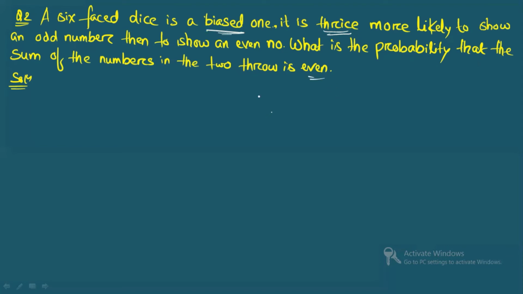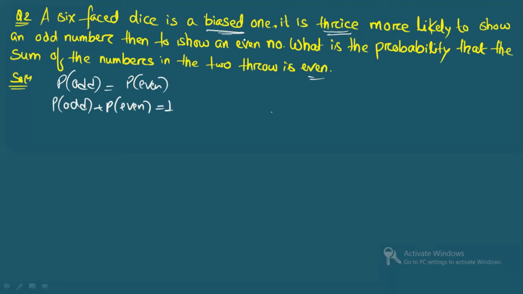So for this, we know that for an unbiased dice, probability of odd equals probability of even. And the total probability is probability of odd plus probability of even equals 1.